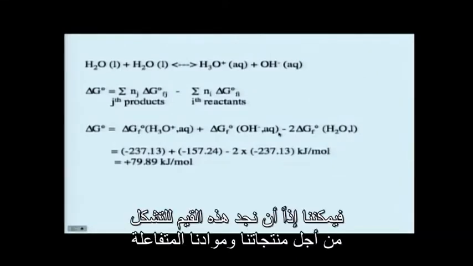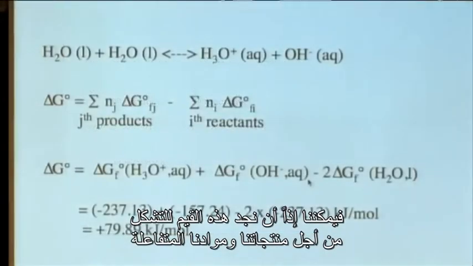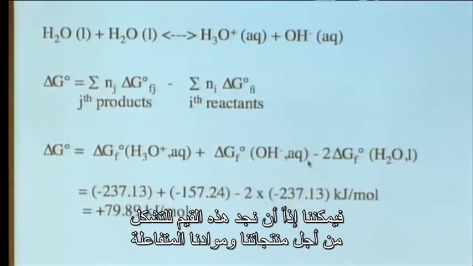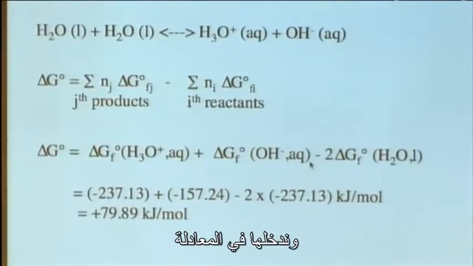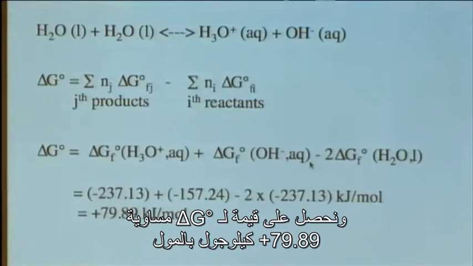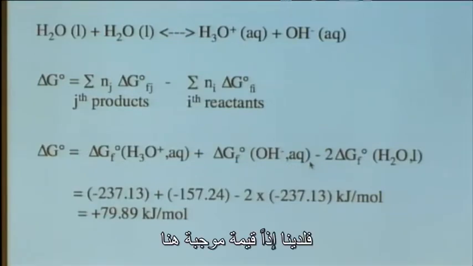So we can look up these values of formation for our products and our reactants and plug them in, and we get a value for delta G naught of plus 79.89 kilojoules per mole. So we have a positive value here.